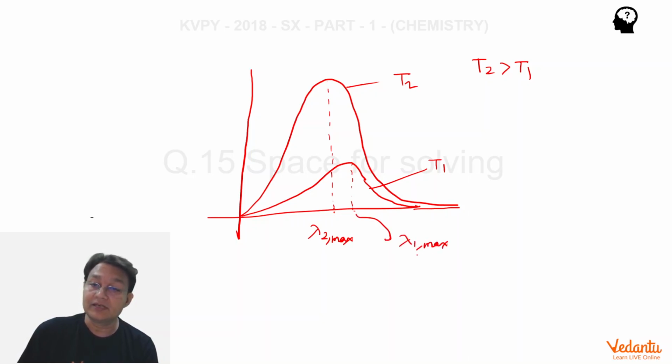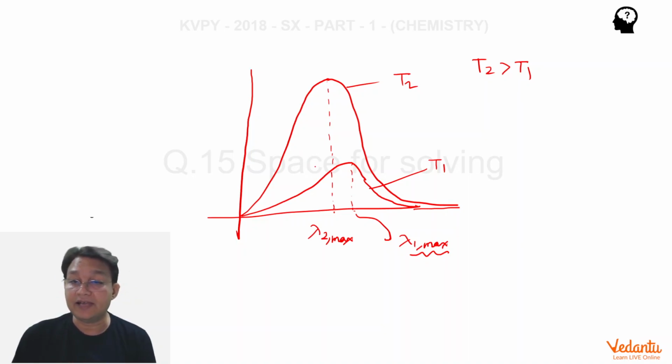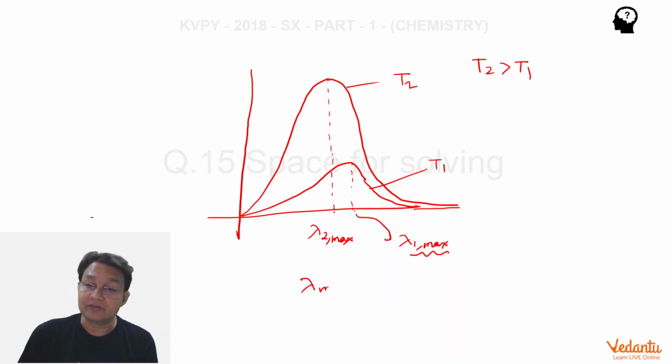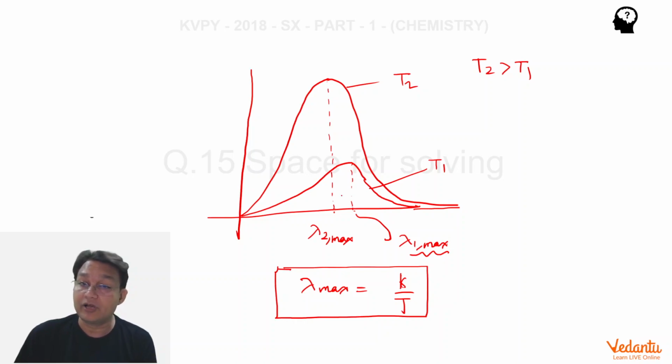That means there is one particular lambda at which the intensity will be maximum. That's called lambda max. So we have a relation that lambda max is always equal to some constant divided by T. That means it is inversely proportional to the absolute temperature of the black body.